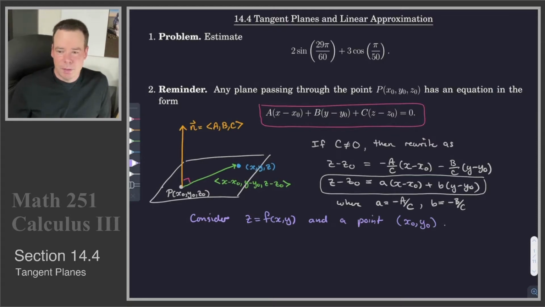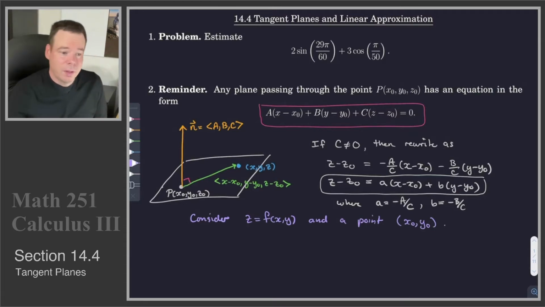Once we have this function and this point in the domain, we can ask for the plane which best approximates the function at that particular point, at the point x0, y0, f of x0, y0, so the point on the surface. In order to do that, we can appeal to some of our Calculus 1 ideas.